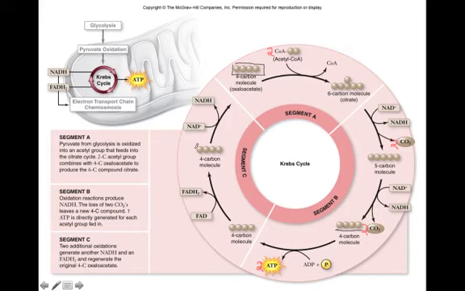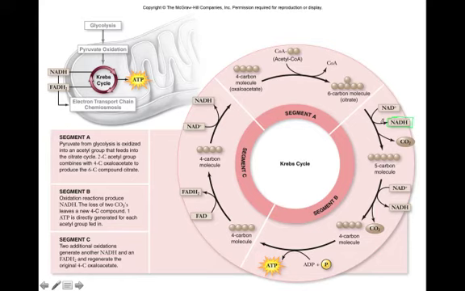What were we missing from before? We tracked the carbons and we tracked the ATP. Yes, the electron carriers. Where are our electron carriers, and are there any? Yes, we do have electron carriers. We have an NADH produced over here.